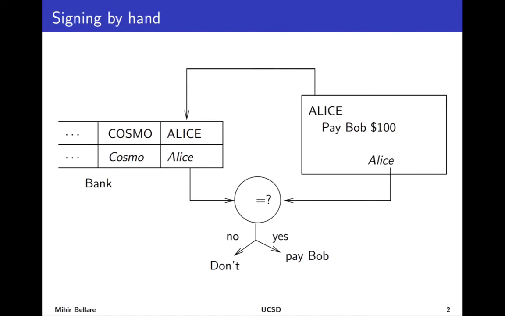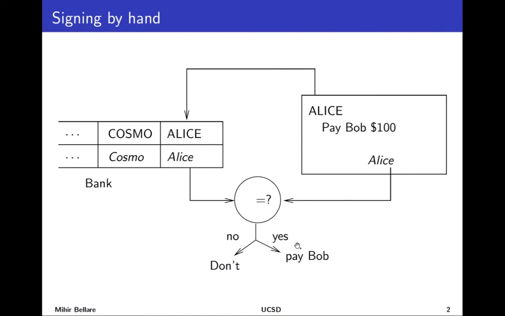Bob's bank will then somehow be in touch with Alice's bank to clear the check. When that happens, Alice's bank will check that the signature at the bottom is really hers. They can do that because they have on file a prior copy of Alice's signature, and they perform some comparison.